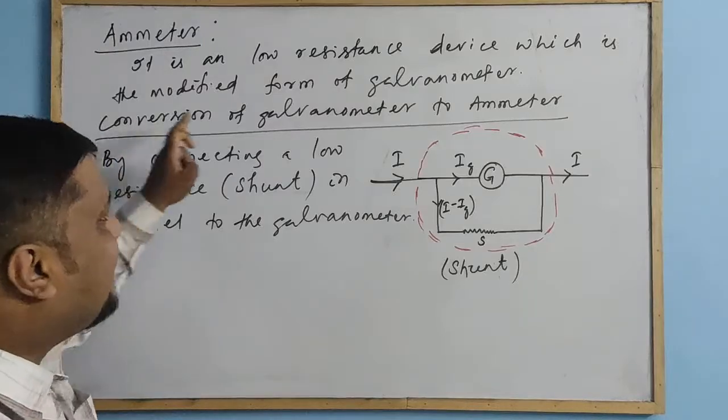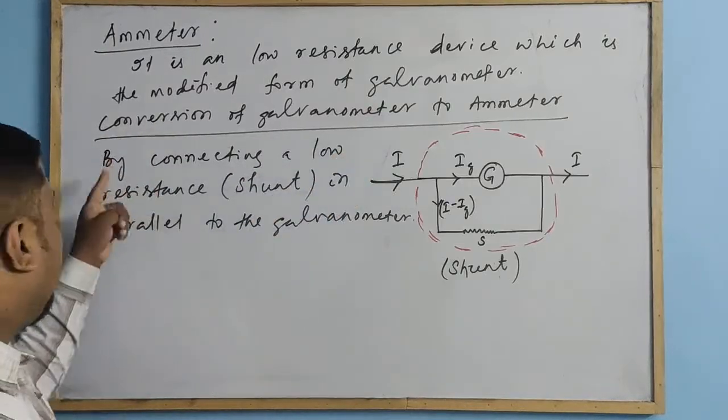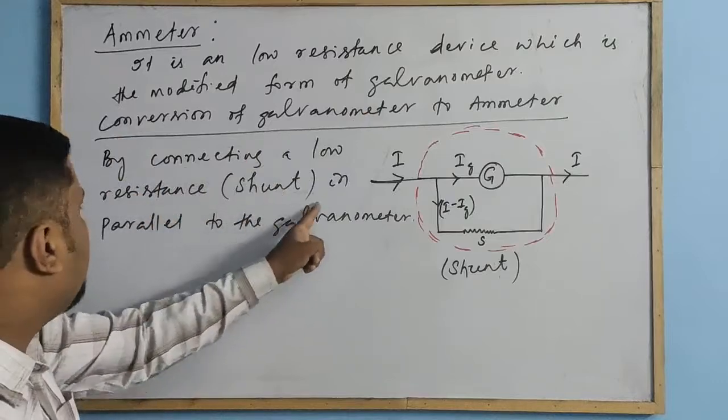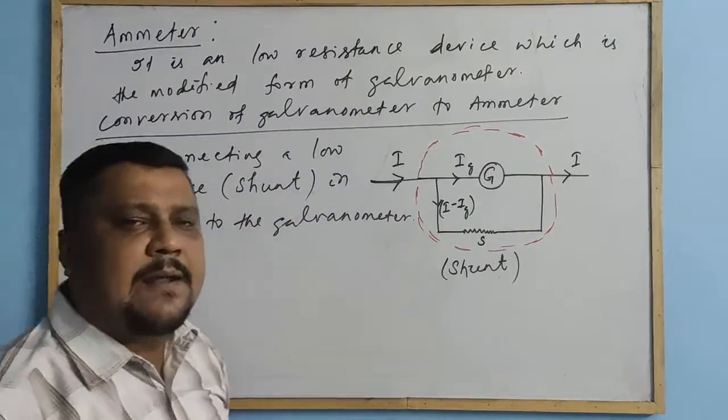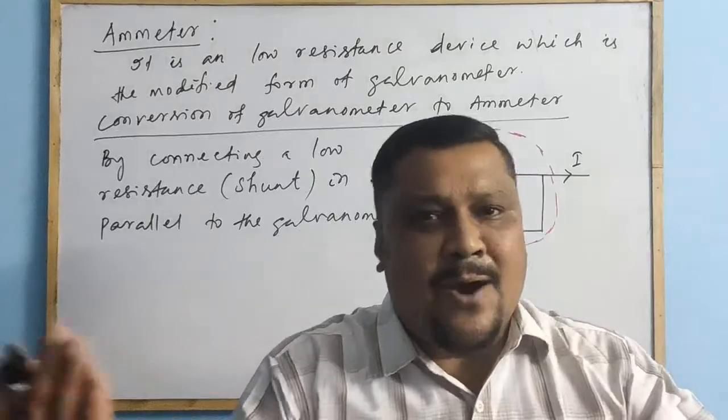It means a galvanometer can be converted to an ammeter by connecting a low resistance or shunt in parallel to the galvanometer.